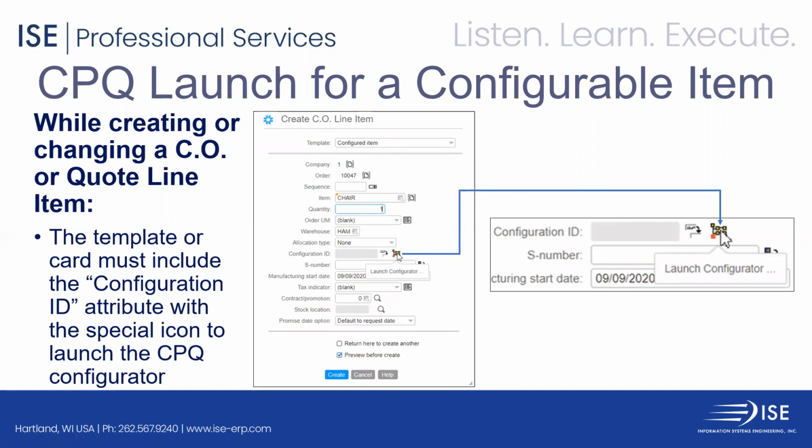From Netlink or PowerLink, you can invoke CPQ this way as well, or of course you could invoke the configuration from EQ, but this is another way to invoke a CPQ configuration session. You click on this special icon, it knows the URL, it knows how to launch the web service, then you're good to go. Next thing you know, you're in the screen and you're specifying your configuration options.